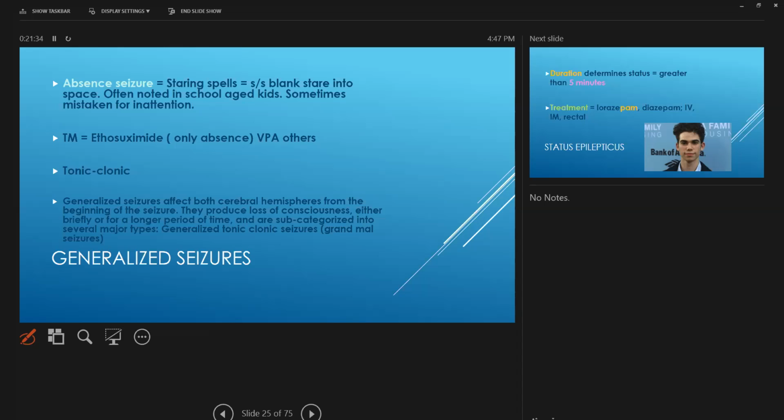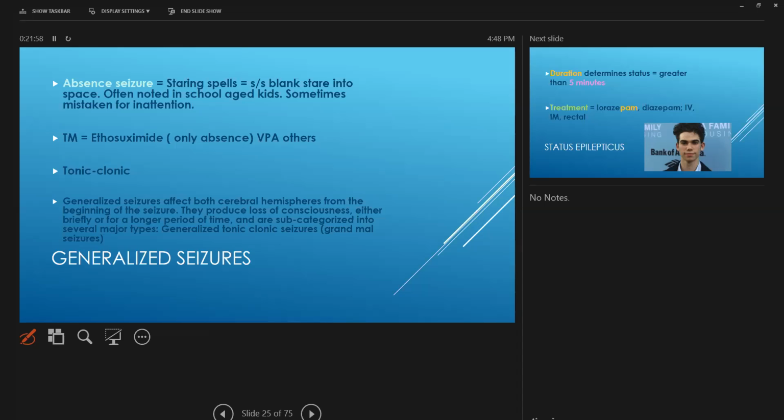So it really is a loss of cognition, a loss of consciousness there for a while. Treatment is ethosuximide. This is only for absence seizures. Other seizures will respond to other anticonvulsants like valproic acid.